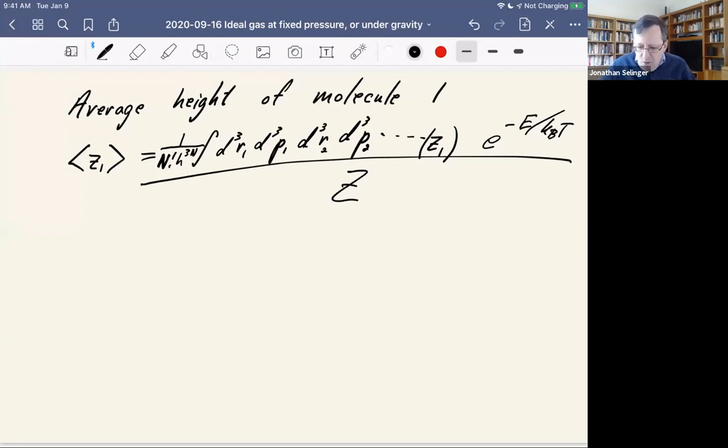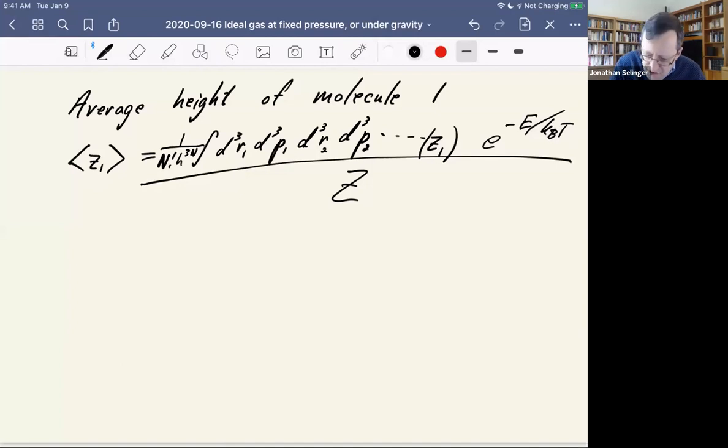Now, when we look at this, we can say, oh man, the numerator has a huge number of integrals in it, but luckily they're all the same as the integrals that we already calculated, except for one of them. Just the z1 integral is different. Every other integral in the numerator cancels the integrals in the denominator.